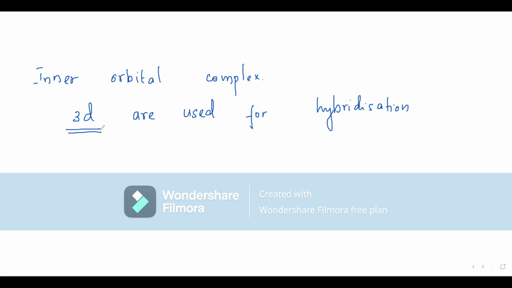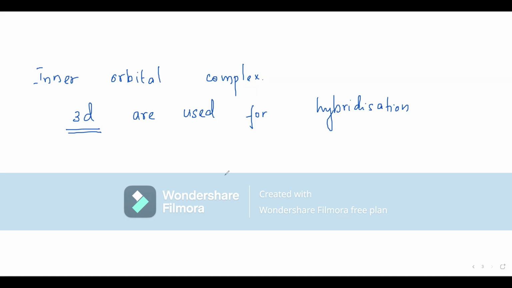The d orbitals are positioned before the s and p: 3d, 4s and 4p. Because the d orbitals appear before the 4s and 4p, these are called inner orbital complexes.